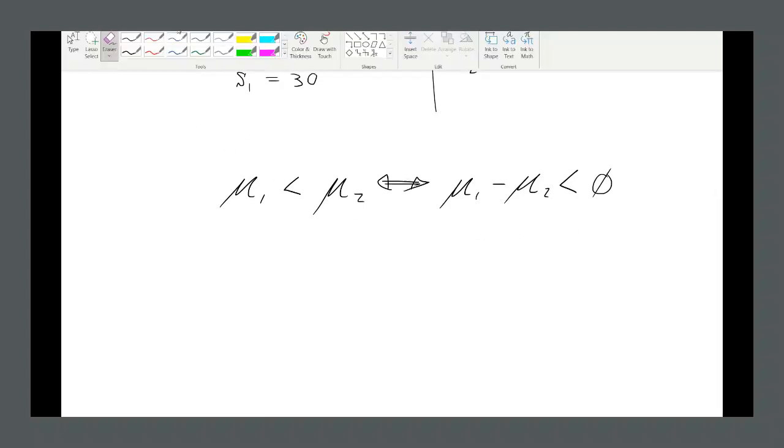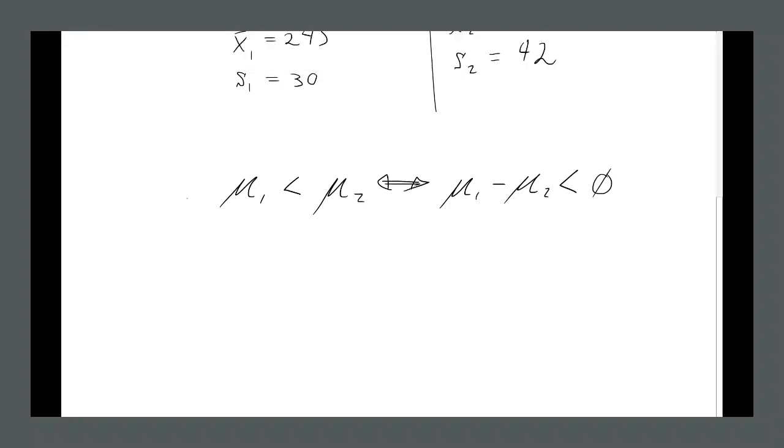And either way, this is an alternative hypothesis because there's no equals here, right? There's no possibility of equality. The null hypothesis, which will be contrary to that, will be that mu1 is greater than or equal to mu2. Or alternatively, mu1 minus mu2 is greater than or equal to 0.